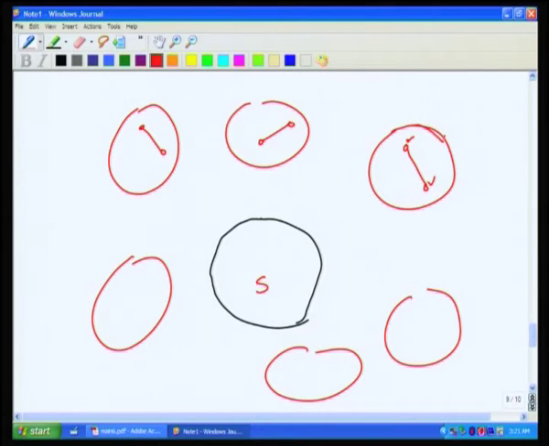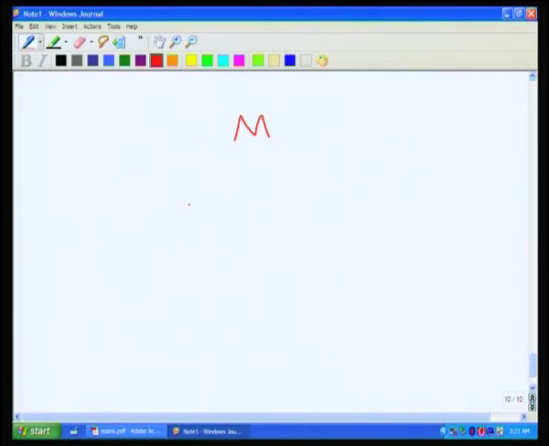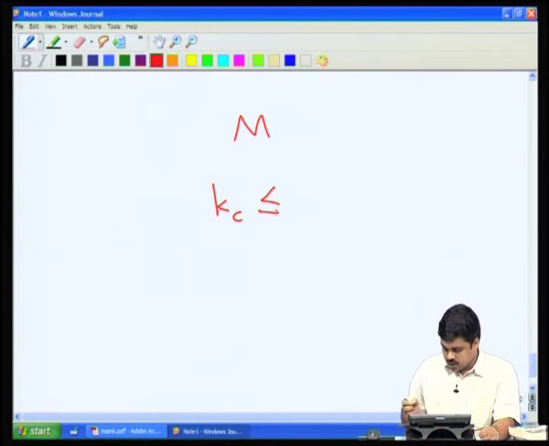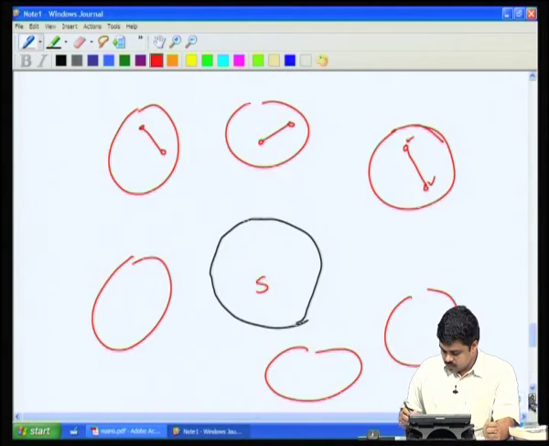Let us say the number of such matching edges from M is Kc. Now we see how many such edges there can be at maximum. So this Kc has to be less than or equal to the total number of vertices in the component.